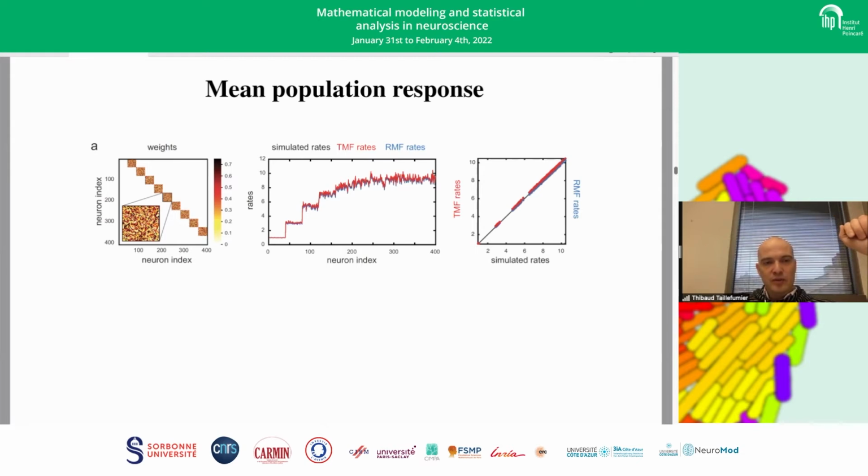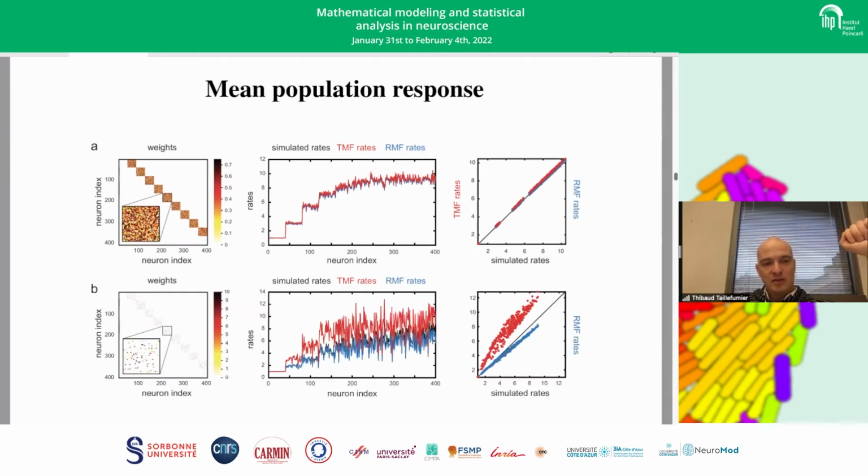But now if you go to a feed-forward model where it's sparse and your activity is dominated by a few sets of large connections, well, then you see that's when the replica mean field trick becomes interesting because now you outperform the classical mean field limit. And so this is just to say that we don't claim that replica mean field is always good. It's only going to work for a subset of networks, and it's only going to matter if you're in a regime where finite size effects will be dominant.